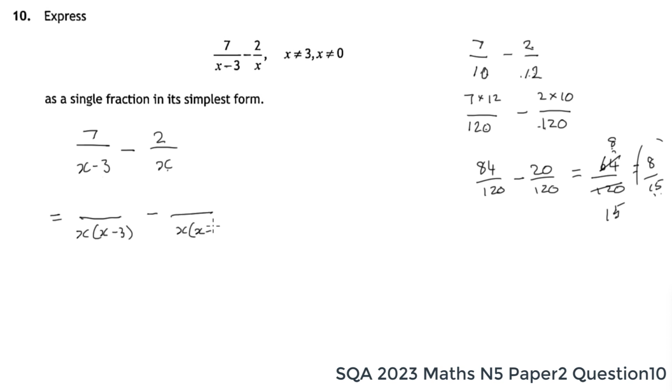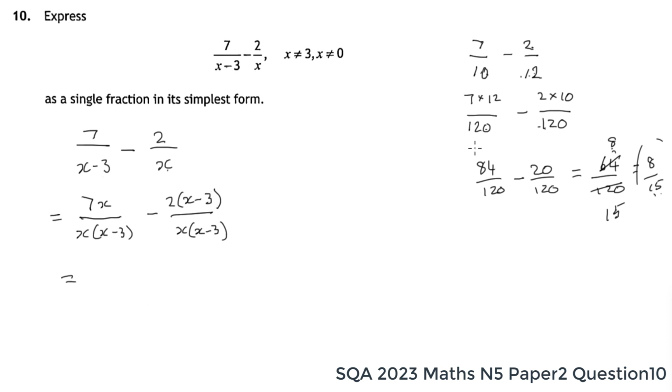So let's look at the first fraction and say, what have we done to x minus 3 to get into this form? Well, we've multiplied it by x, so that must happen on the top. X times 7, or 7x must appear there. And in this second fraction, what have we done to the denominator to get it into this form? We've multiplied it by x minus 3, so we must multiply the top of the fraction by x minus 3.